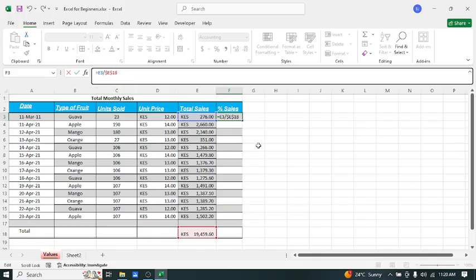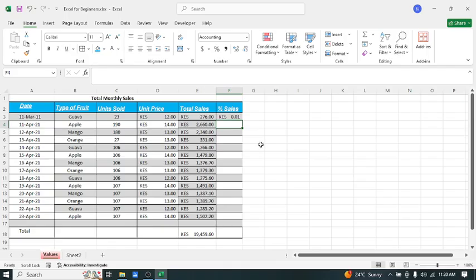So we are calculating percentage sales based on total sales within that period, but we want to know the percentage sales per day. So this should be sales, not Kenya shillings. So we drag this down up to F16.